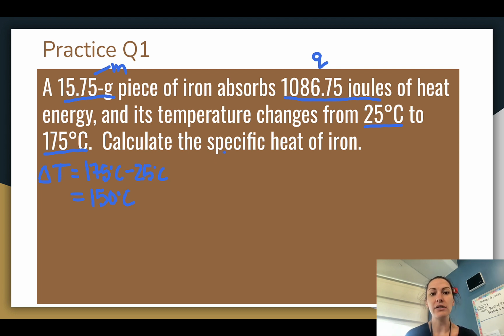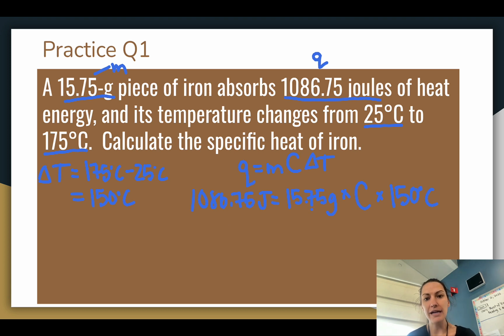Okay, so let's calculate the specific heat of iron. I'm going to write my equation, Q equals mc delta T, and fill in the information that we know. So 1,086.75 joules is equal to 15.75 grams times my C, which is what we're looking for, times delta T, our temperature change, which is 150 degrees Celsius.